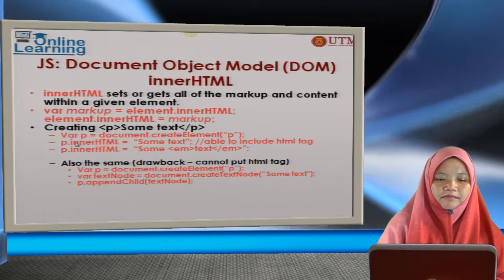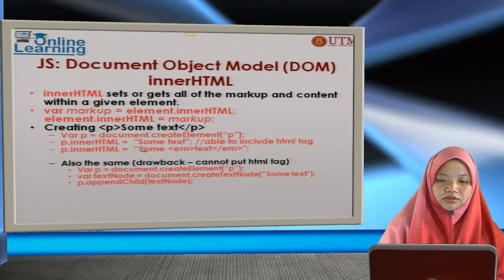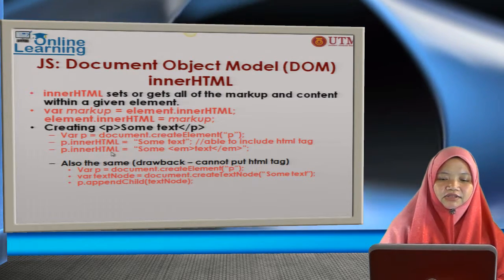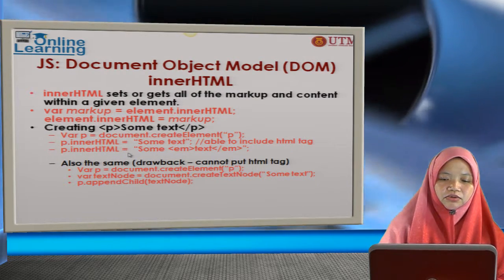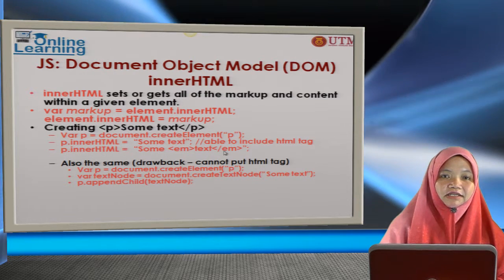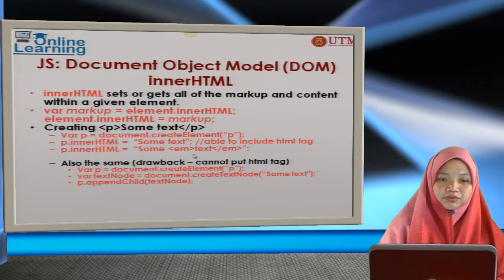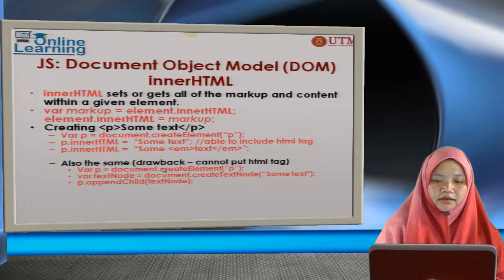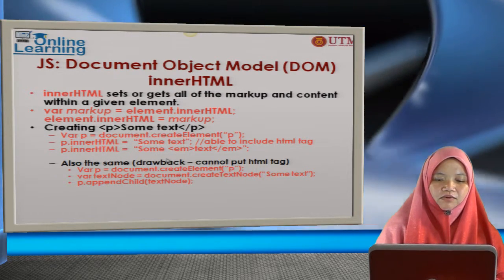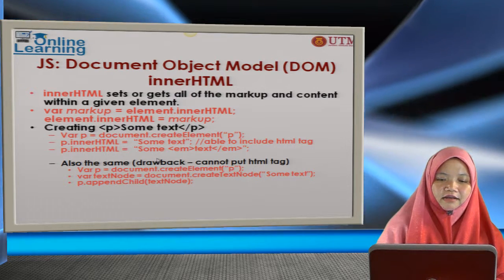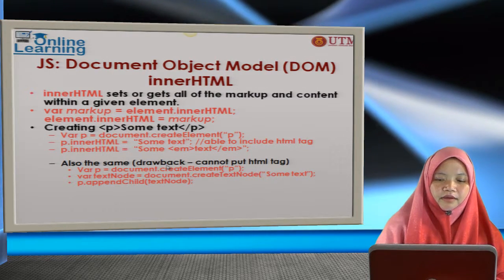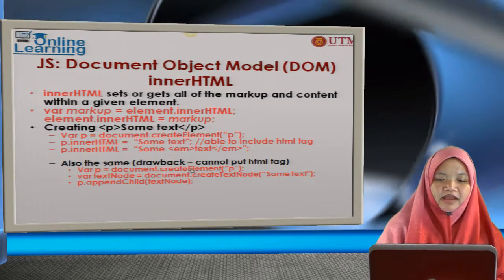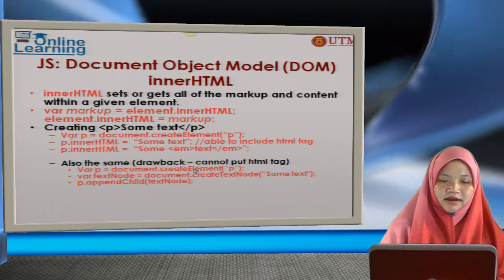Okay, p.innerHTML. So you have some text here, right? And then you set p.innerHTML, so you have to type it like this. This is the way you do it, right? Okay, the same thing can also be applied. And the most important thing here is that you can put HTML text here, right?